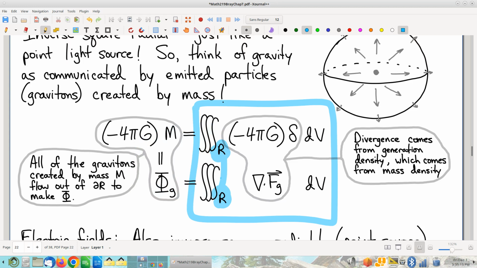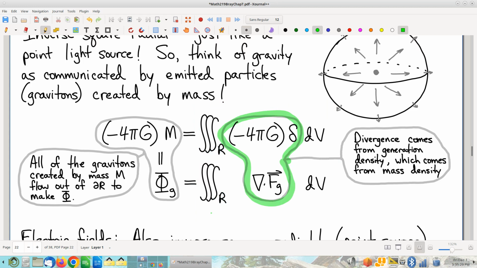And if you have two expressions that are integrals over the same region that are always equal, that means the integrands have to be equal. And so what we have accomplished here, by a clever metaphor and connecting a couple of dots, is that we have been able to compute the divergence of whatever gravitational field, no matter how many points of mass you have.